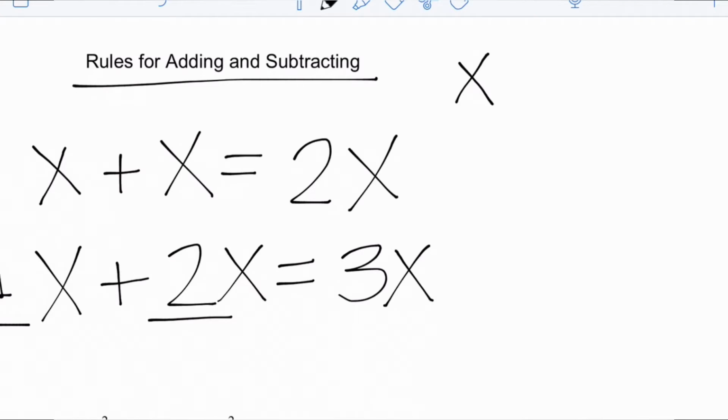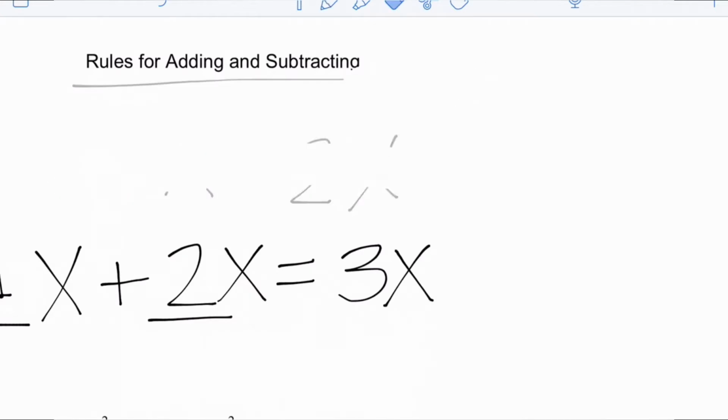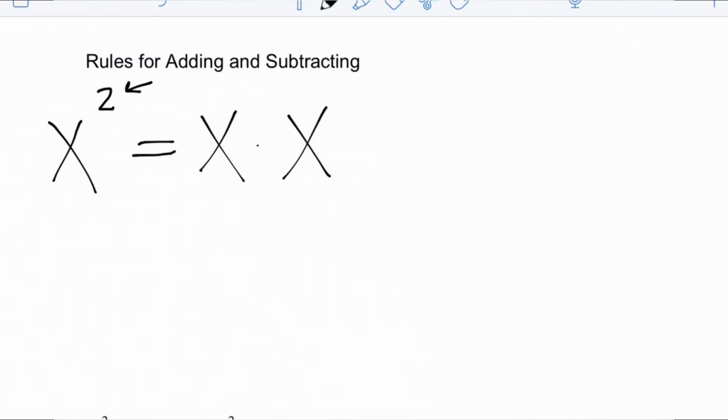Okay? Now, what if it has an exponent? An exponent is this small number up here. This means x times x. Okay? Now, what if we have x squared plus x? What does that equal?